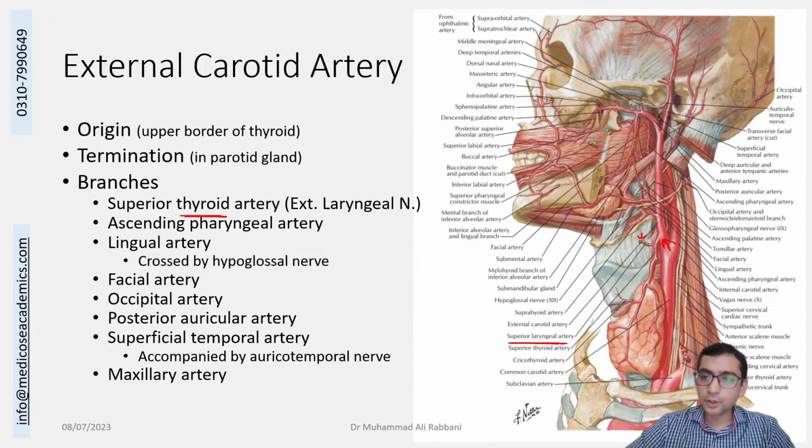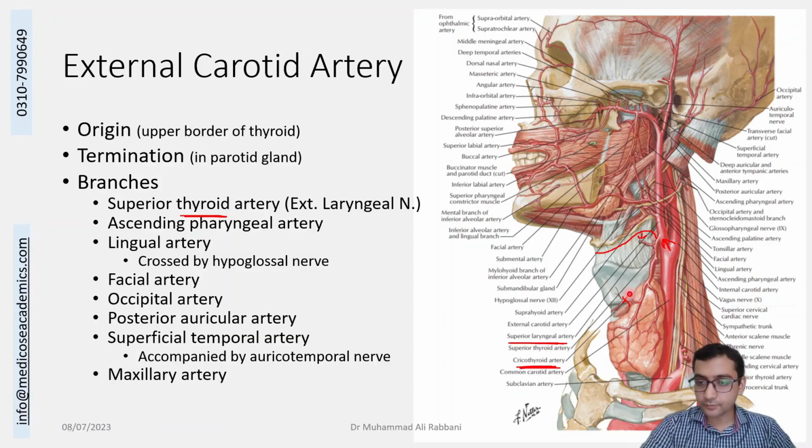There is also a branch, not shown right here, that runs parallel to the hyoid bone, known as the infrahyoid artery. There are also branches going to the sternocleidomastoid. Let's ignore them. Then there is this branch going to supply the cricothyroid muscle right here, known as the cricothyroid artery.